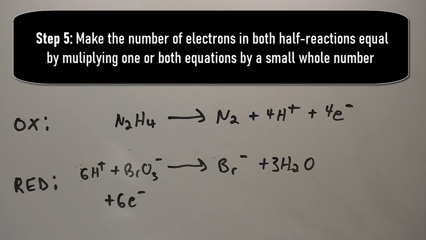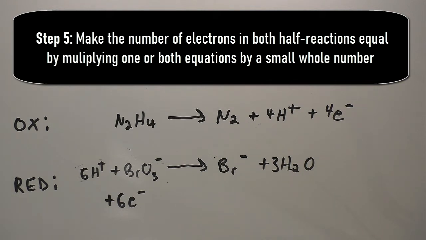As they're currently written, the number of electrons in these half reactions are not equal, right? We have 4 electrons in the oxidation half reaction. We have 6 electrons in the reduction half reaction. So again, we need to figure out how to make those number of electrons equal by multiplying one or both of these equations by a small whole number.